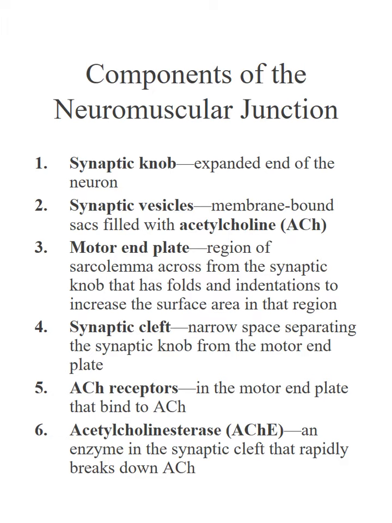Continuous stimulation is what we find with tetanus and summation. For example, when you have a Charlie horse, you have summation and increased reaction, and we don't have enough acetylcholinesterase to break down the amount of acetylcholine that binds to the receptors.